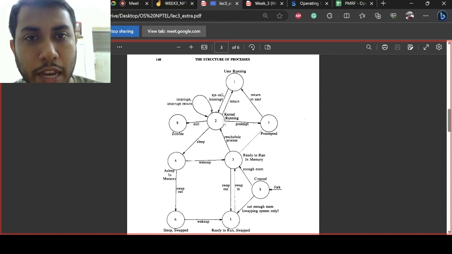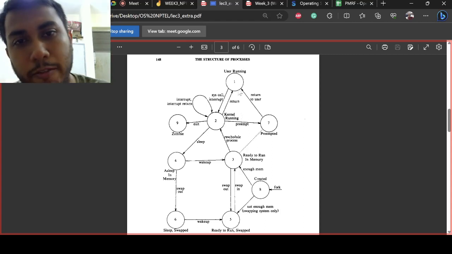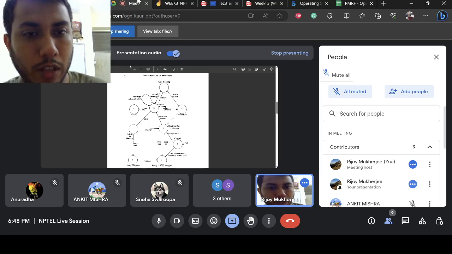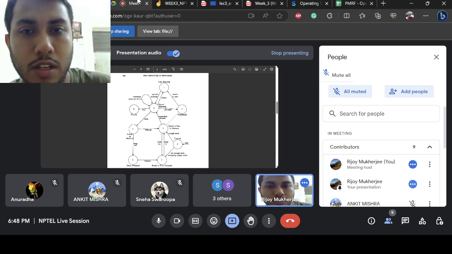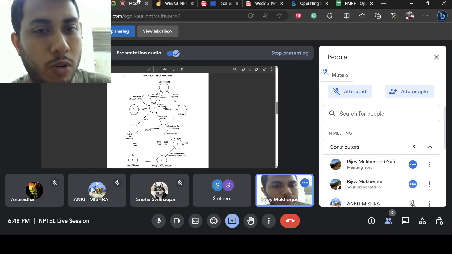And then here comes your context switching. So what is context switching? Suppose you are in your running phase, and suddenly the OS realizes that now you cannot run this process. There is a bigger process that you have to run.